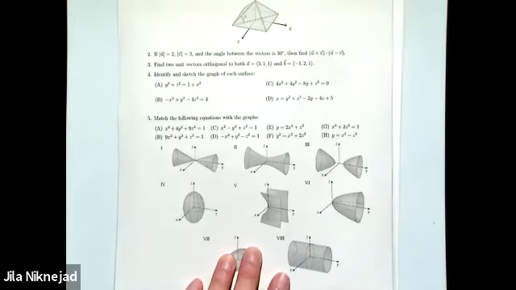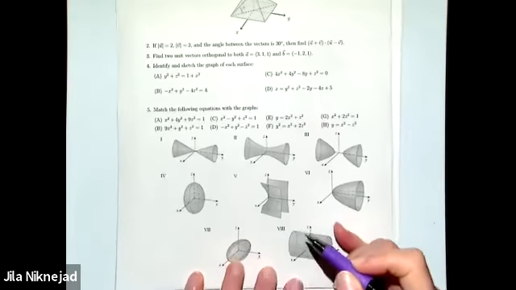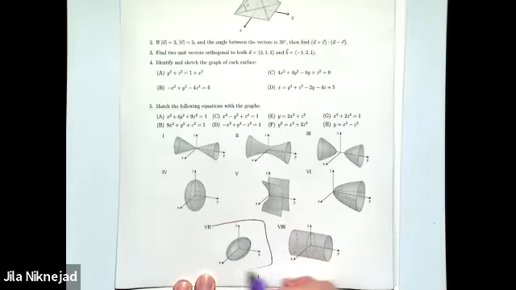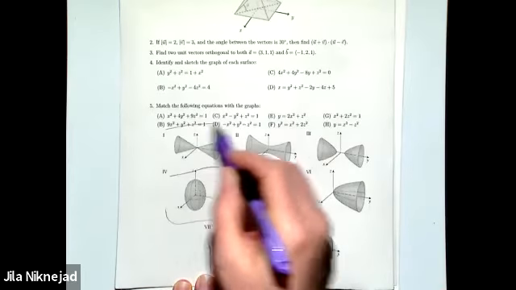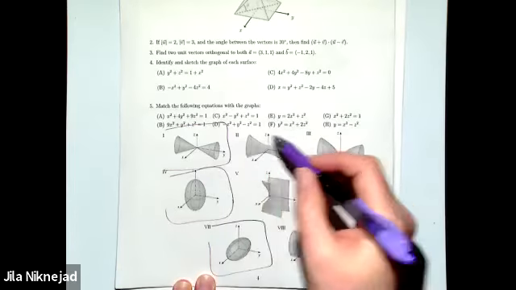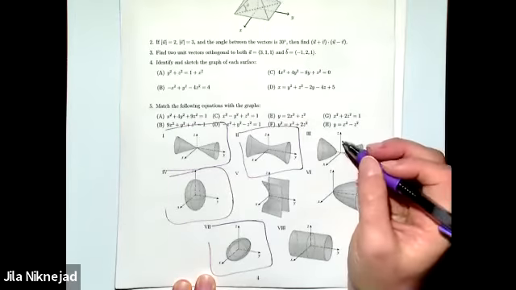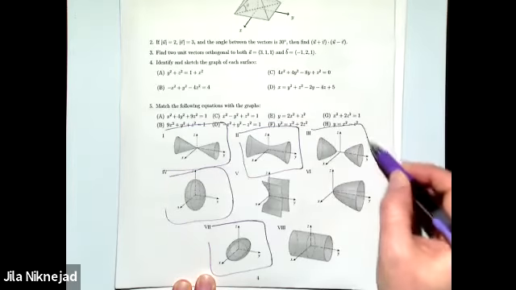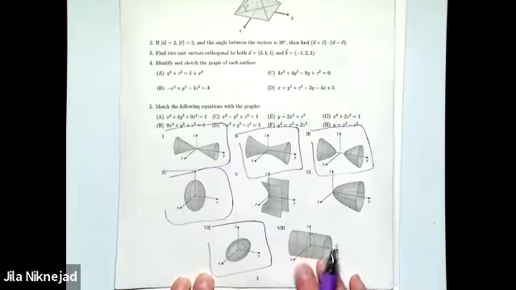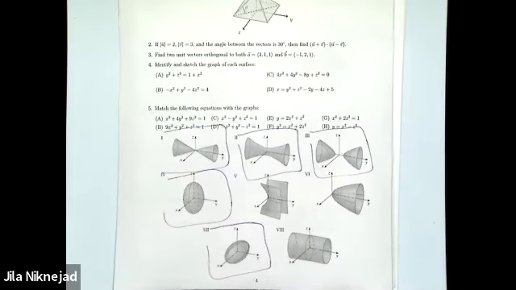So now, I said that ellipsoids, cones, hyperboloids of one sheet and hyperboloids of two sheets, these 5 have to have x, y, z all to power 2.